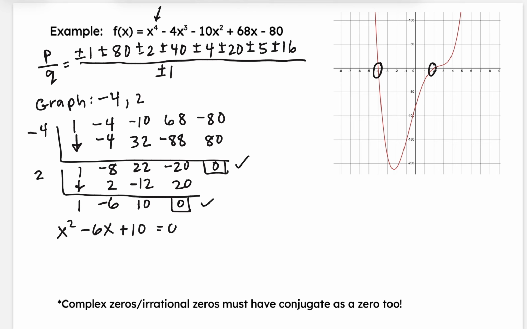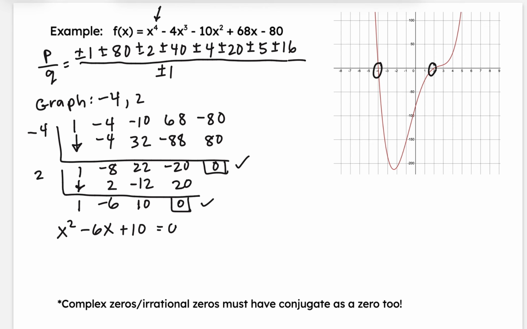Now, our options, when we get down to a quadratic, we can factor, quadratic formula, or solve. This one, unlike the last one, has an x term, so I can't just solve like I did on the previous problem. I don't think I can factor this because based on my graph, it was only going through two numbers. So that tells me that it's probably going to be complex, imaginary zeros.